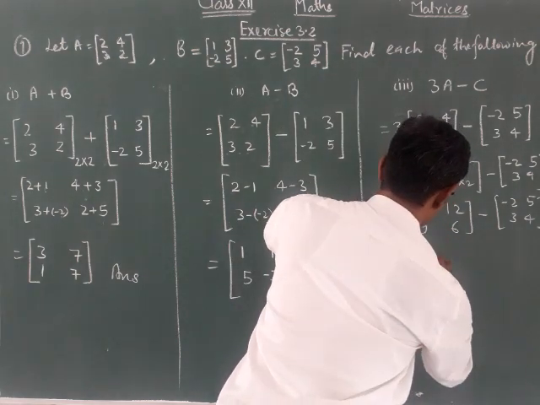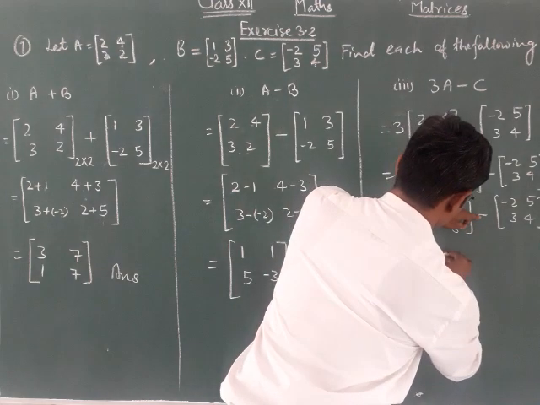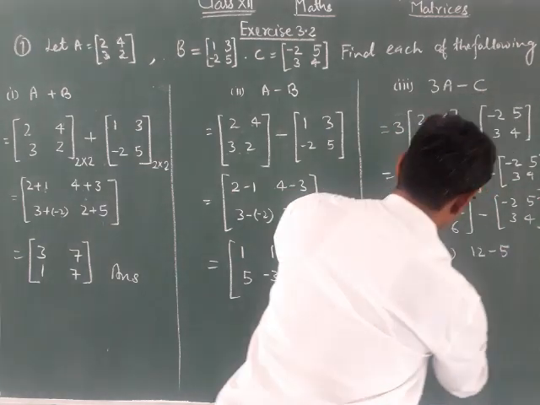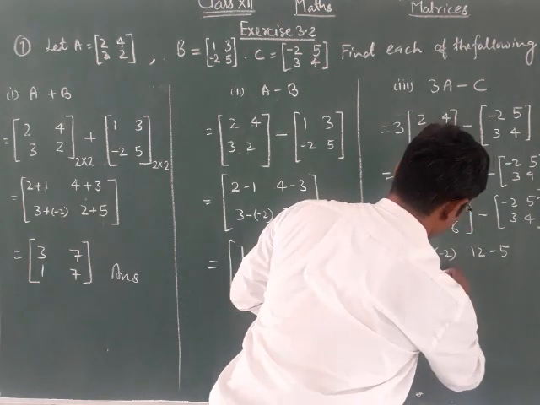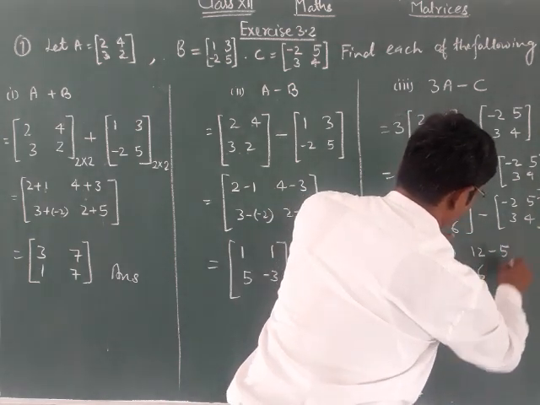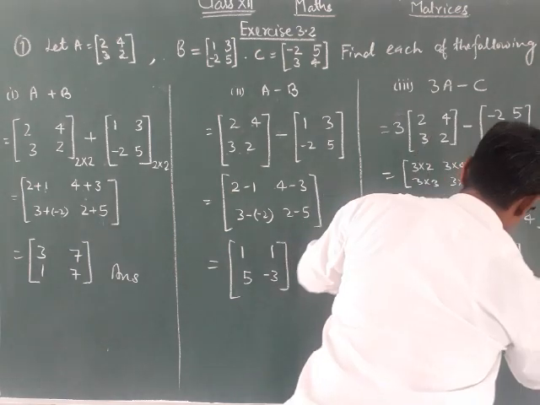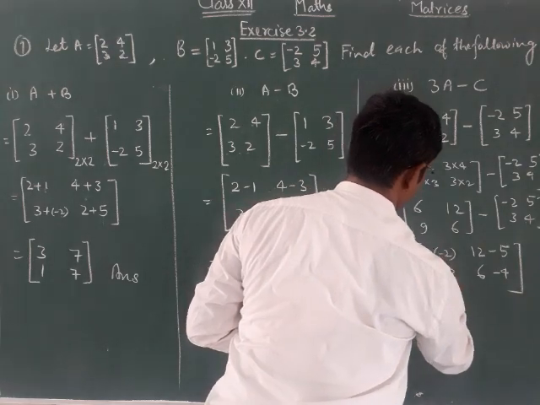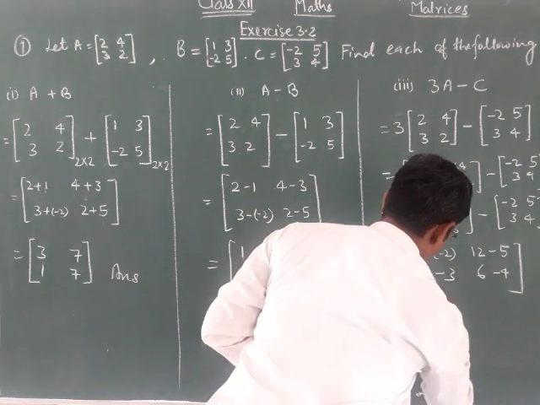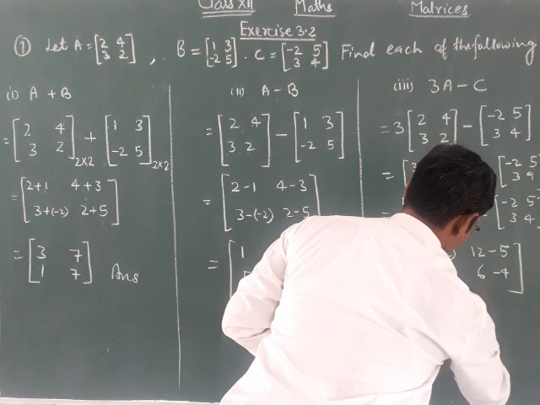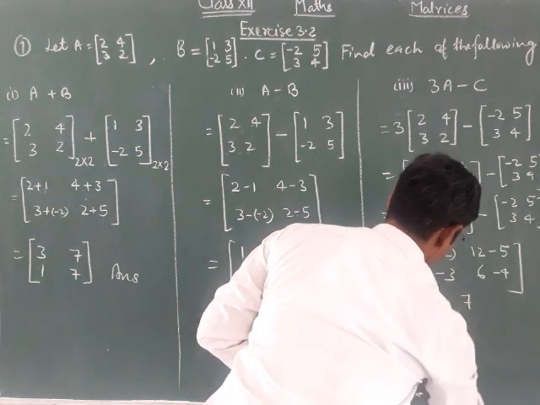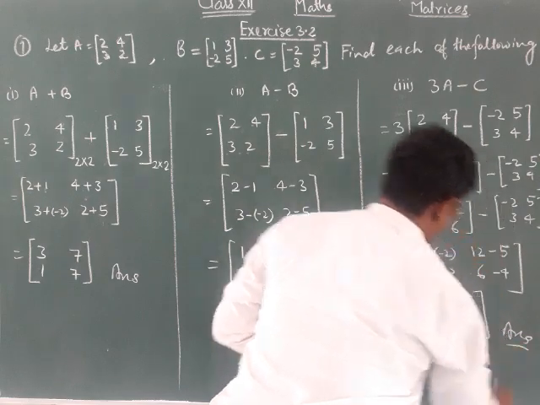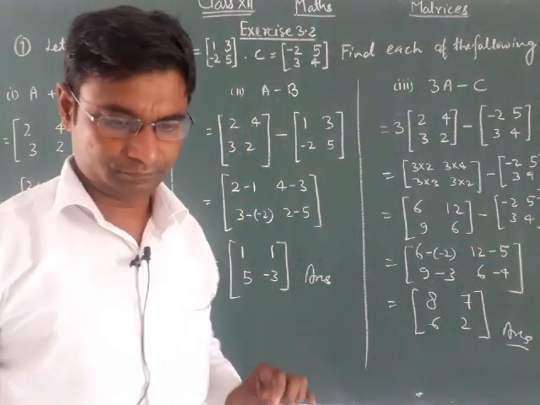So 6 minus minus 2, 12 minus 5, 9 minus 3, and 6 minus 4. So 6 plus 2 gives 8, and we get 7, 6, and 2. This is the answer to the given question.